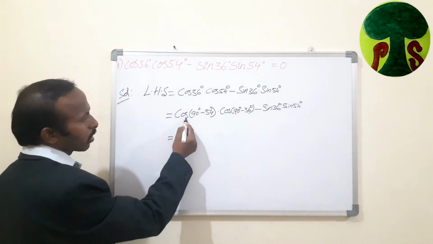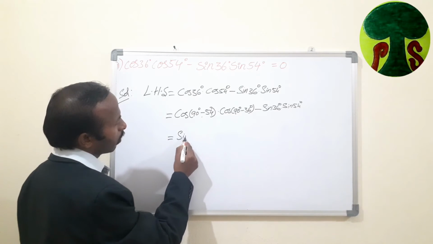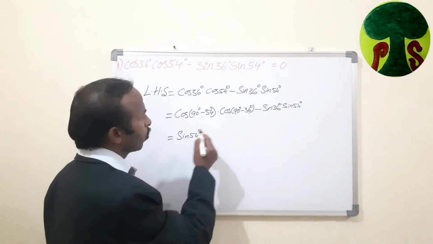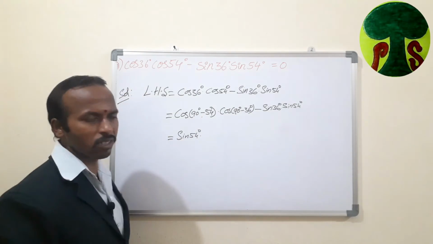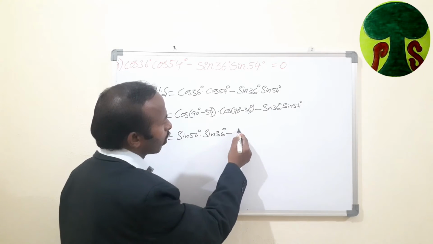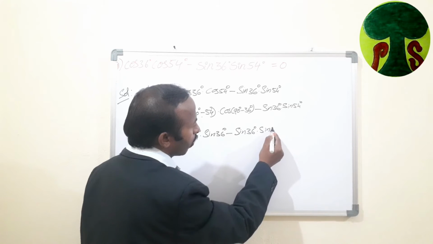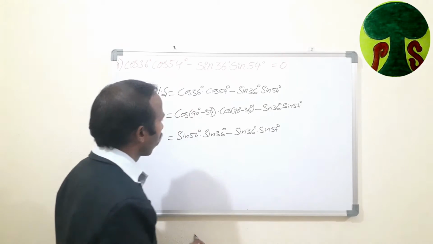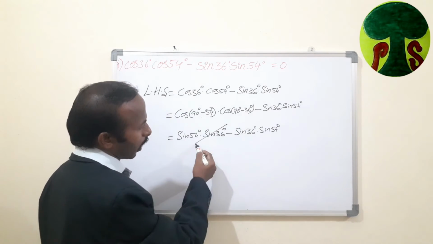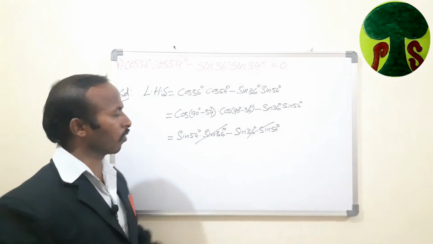Now, cos 90 minus theta is sin theta, that is sin 54 degrees, into cos 90 minus theta is sin 36 degrees, minus sin 36 degrees into sin 54 degrees. Now here plus sin 54 sin 36 degrees get cancelled with minus sin 36 degrees into sin 54 degrees.